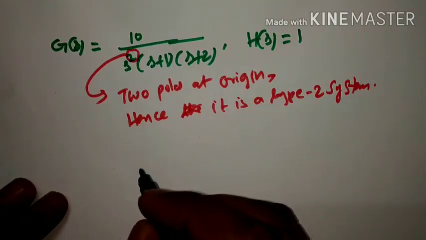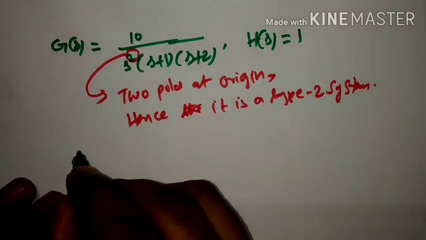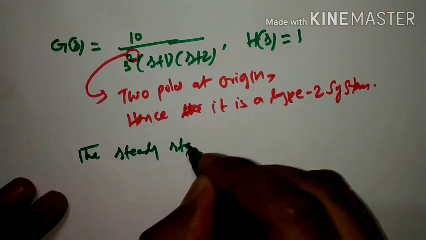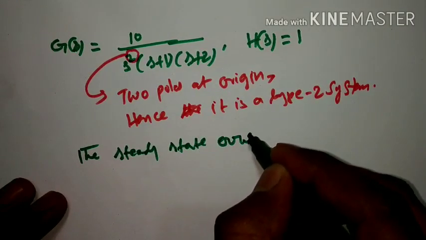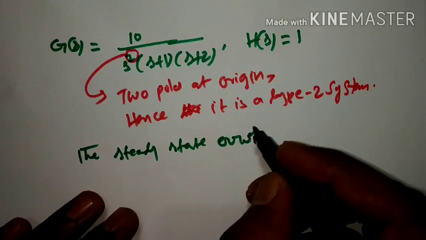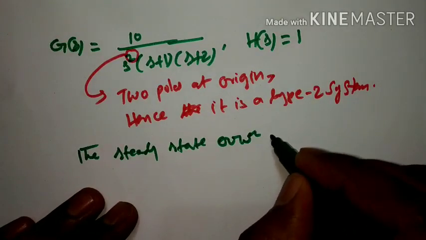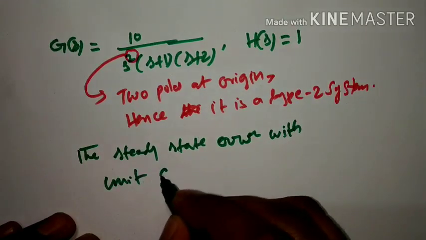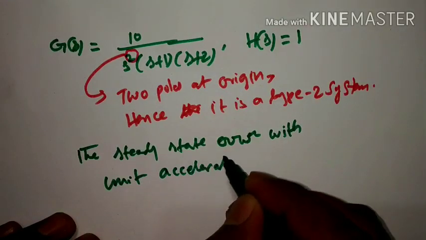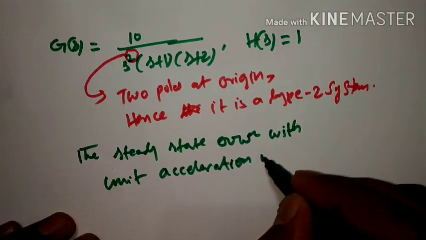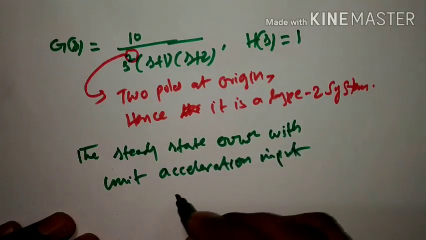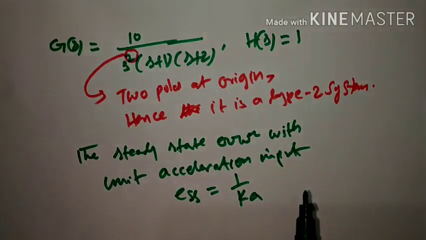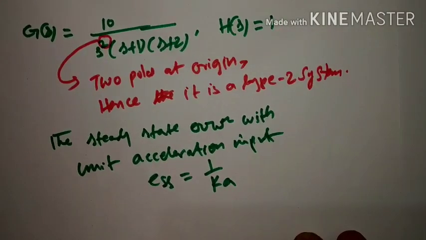The steady state error with unity acceleration input: ESS is equal to 1 by KA.